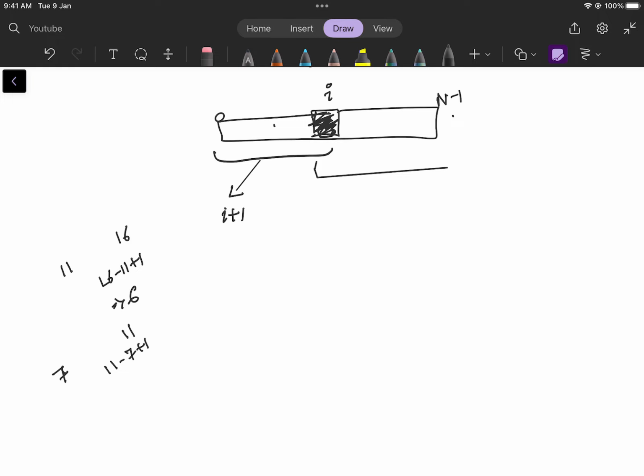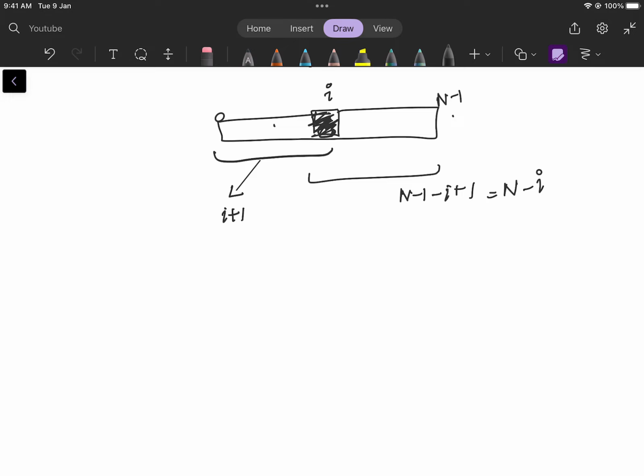That gives you the length of the subarray, or the number of elements between two indexes. Now you can see easily, n minus 1 minus i plus 1 is equivalent to n minus i.